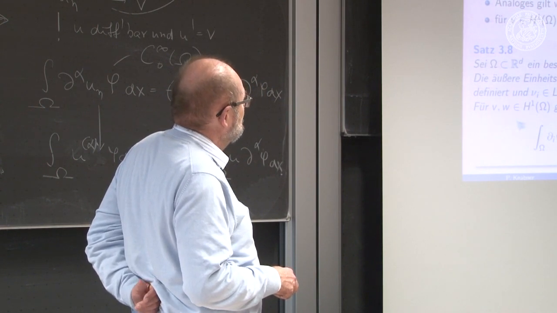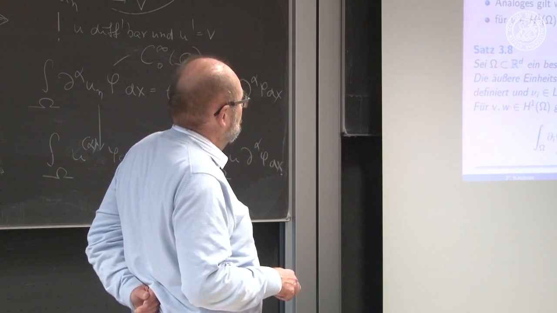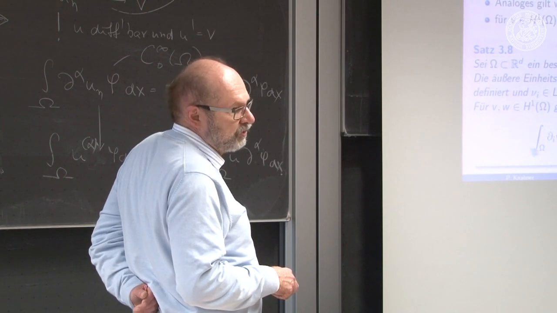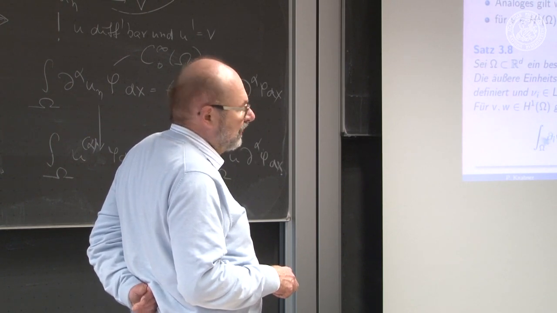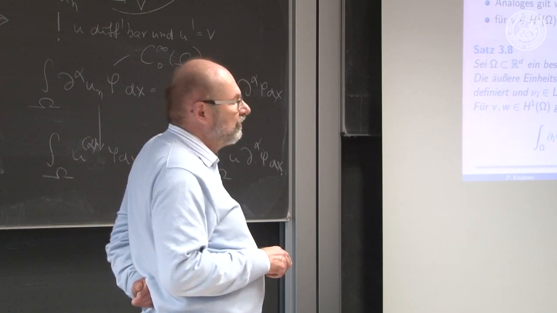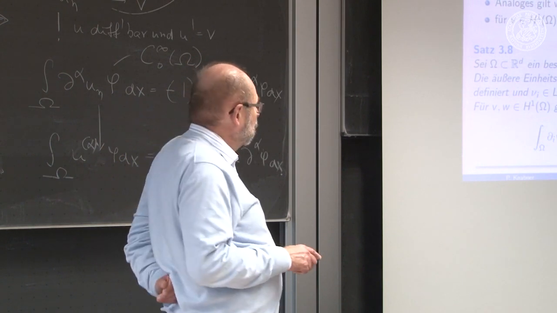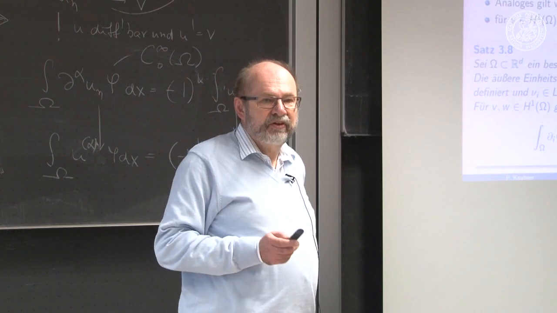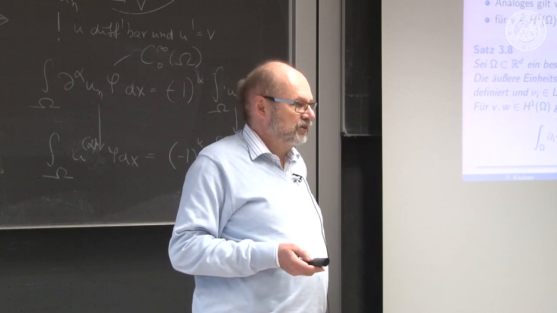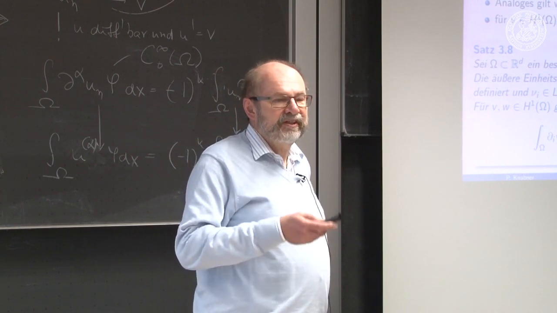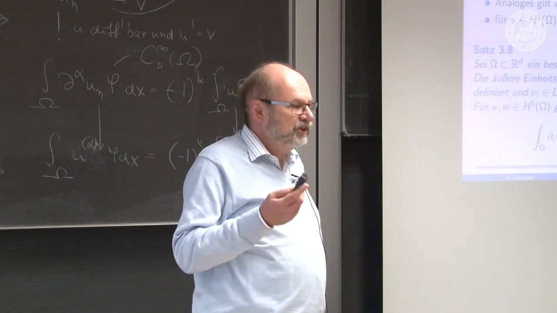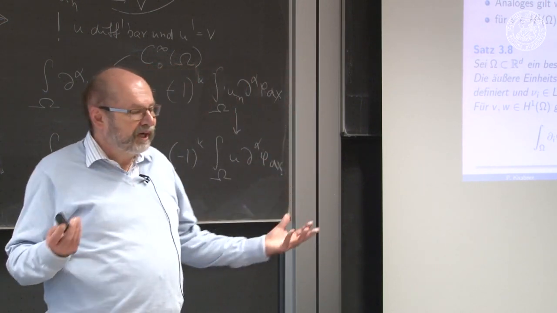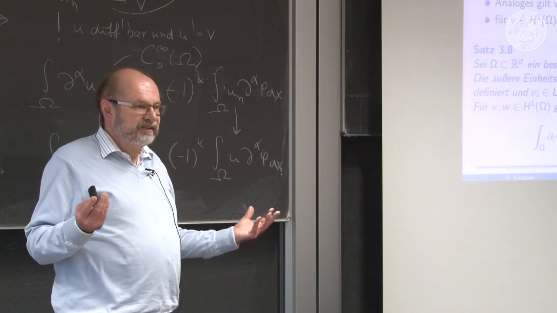Here it is asserted that it also holds true if the v and the w are just H1 functions. And so to speak, the only thing we have to do is to check whether the thing which comes out makes sense for H1 functions or not. Of course, if something is required which an H1 function cannot provide, then it cannot make sense.